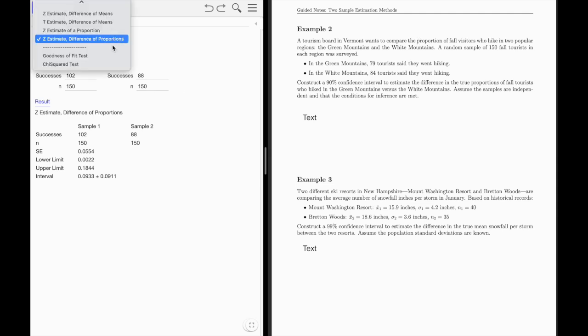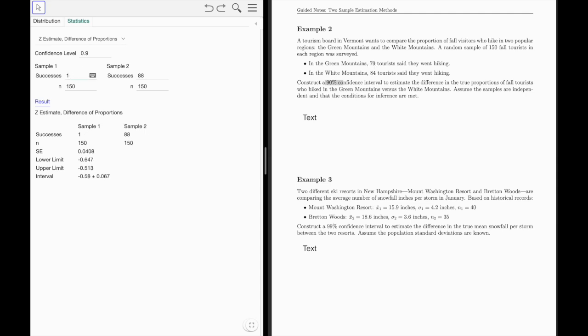Now, because we're doing a difference of proportions, I'm going to choose the option that says z-estimate, difference of proportions. We're doing a 90% confidence interval, so I'm going to put in 0.90. That was already there, so that's good. For the first sample, the number of successes is 79, out of 150.